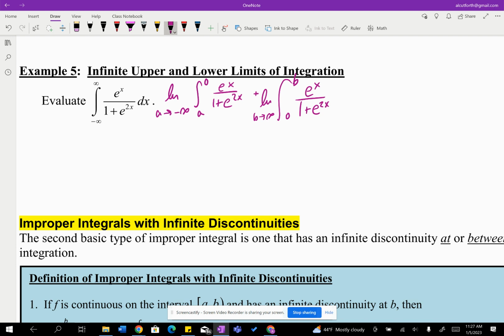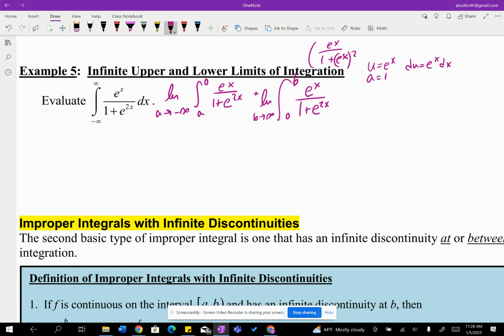This is an arctangent antiderivative where u is e to the x, a is 1, because du is e to the x dx. Because this is e to the x over 1 plus e to the x squared. That's what e to the 2x is. So that is du over 1 plus u squared.